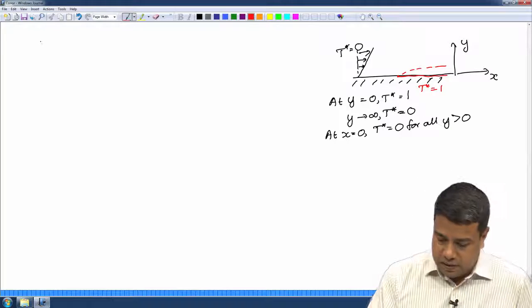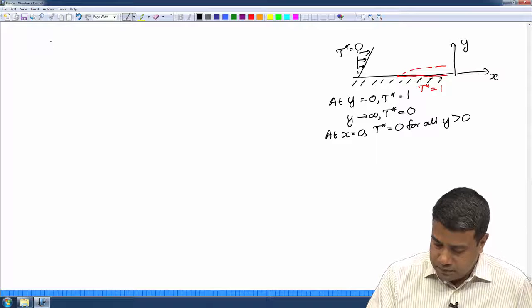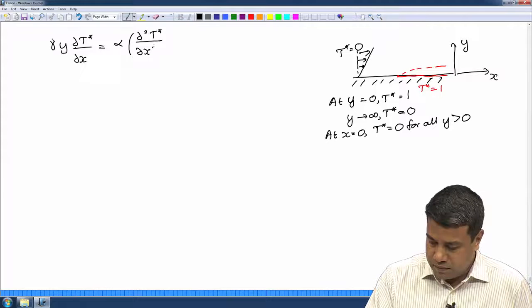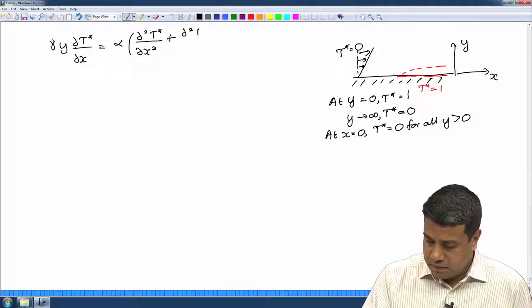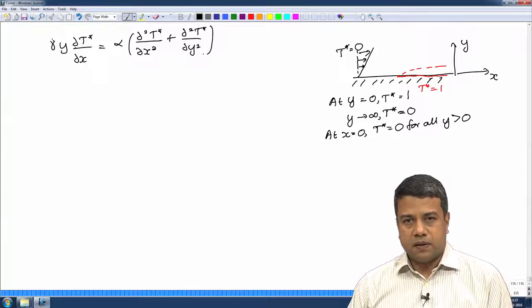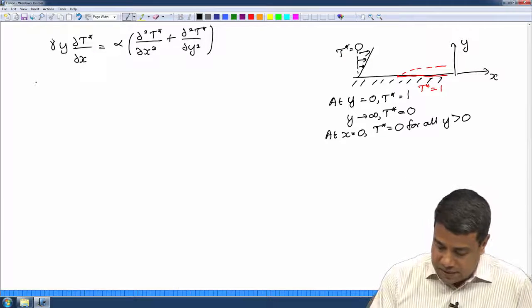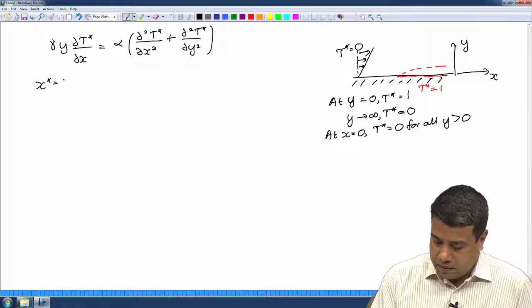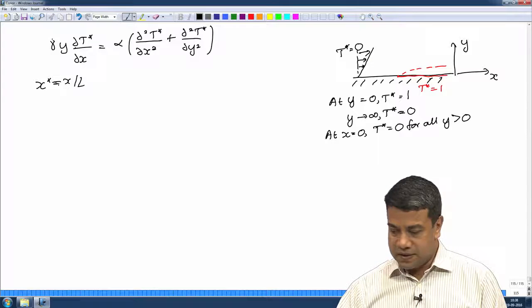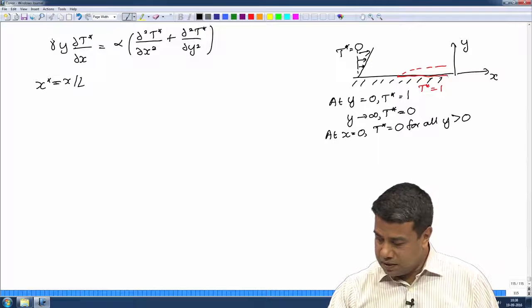My conservation equation. Now, I will scale x by L, of course, because the streamwise extent of the surface is of course the natural length scale for this.